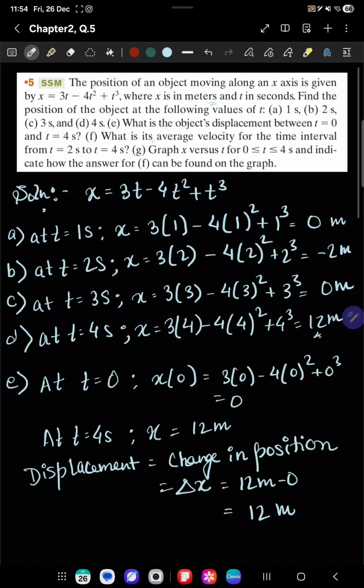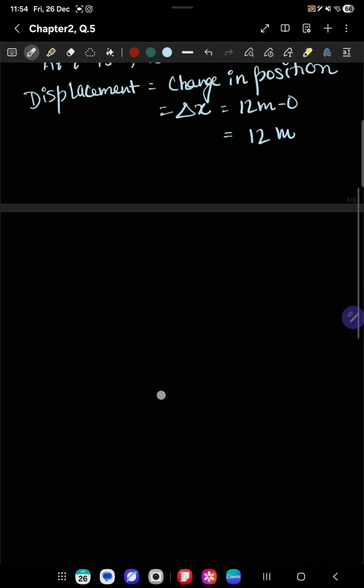Now for F part, what is the average velocity for the time interval from t equal to 2 second to t equal to 4 second?